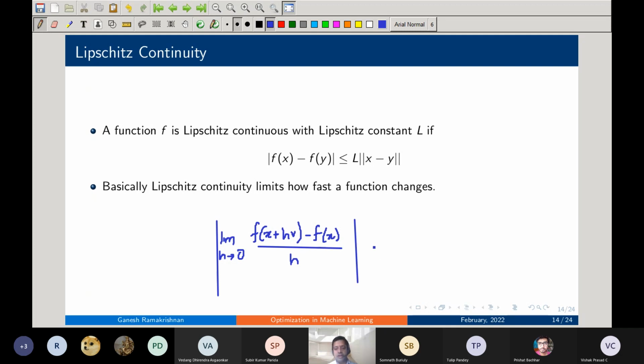So this is what? It's a directional derivative. If you write x as x and y as x plus hv, this whole thing is less than or equal to L, and this is nothing but the directional derivative of the function f at x along the direction v. This is upper bounded by L.